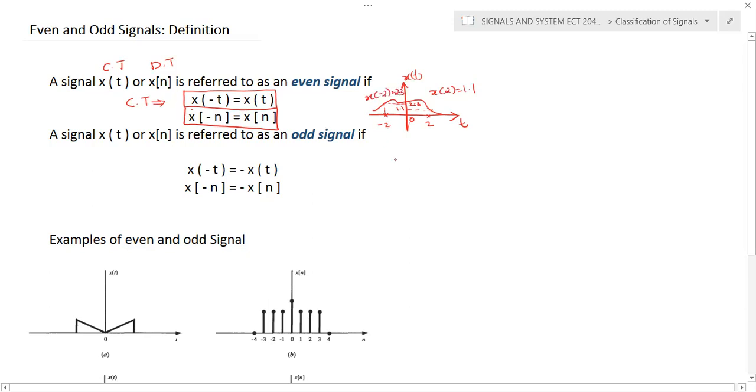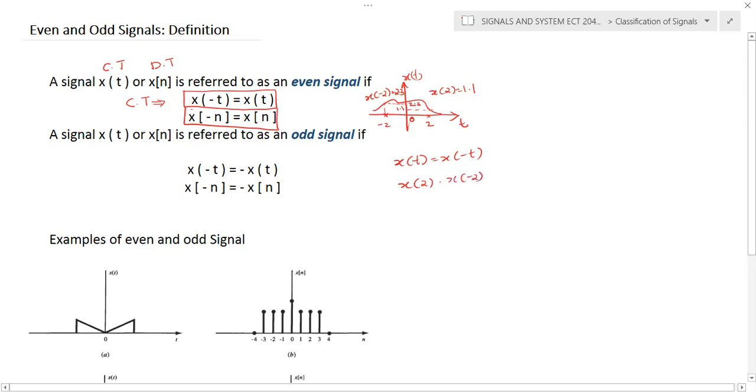Now we need to verify whether x of t is equal to x of minus t. In this example, we have x of 2, and we need to check x of minus 2.